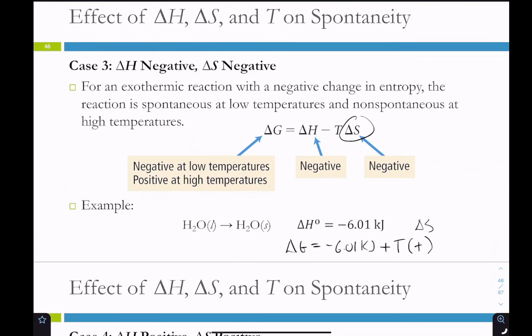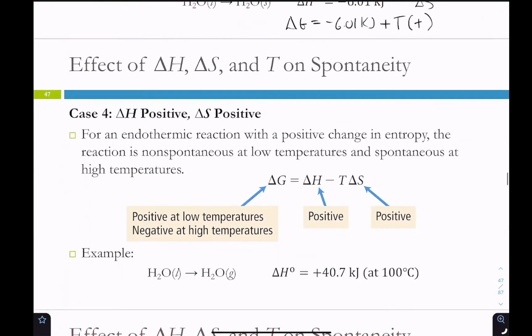And we could actually figure out what delta S is here because it's water freezing, so we know the temperature at which that's going to switch. You could plug in 273.15 Kelvin and calculate what delta S would have to be for delta G to be 0. Right? Because exactly at that flipping point is where you switch from being spontaneous to non-spontaneous.